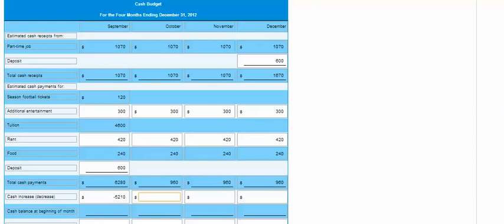In the month of October, though, we have 1,070 in receipts minus the 960 outlay for the month. So I'll have a positive of 110. Same thing in November, 110. And for December, I'm going to have an additional $600, so it would be 710.